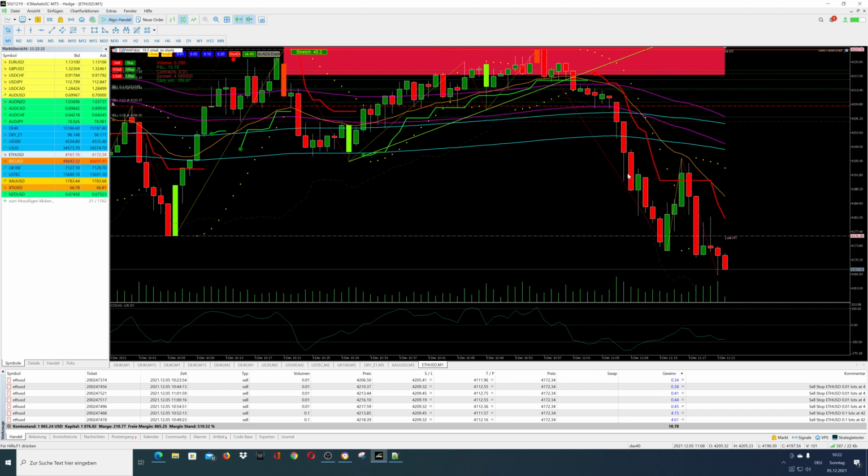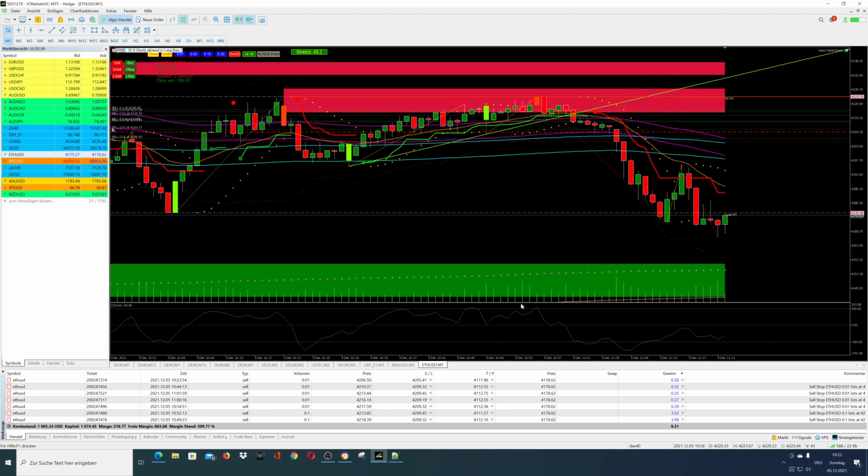This is also in the Supertrend. Supertrend is composed of CCI and ATR, and this shows here a very good entry when it is above 150, and a good exit when it is somewhere below.